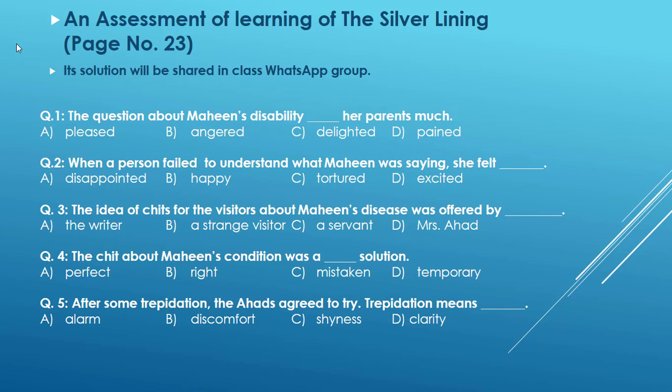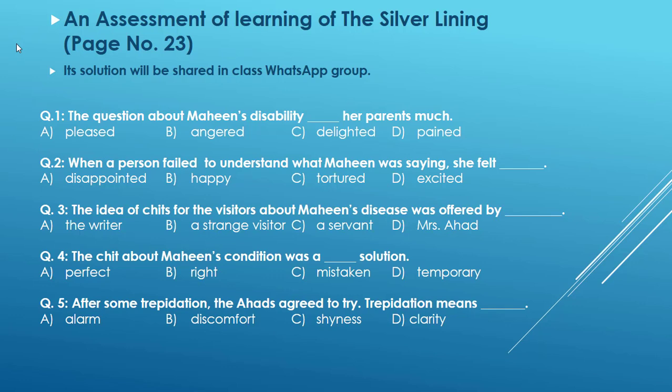Question number 2, when a person failed to understand what Maheen was saying, she felt dash. For this there are 4 options. Choose the correct one. Number 3, the idea of chits for the visitors about Maheen's disease was offered by. There are 4 options. Choose the correct one.